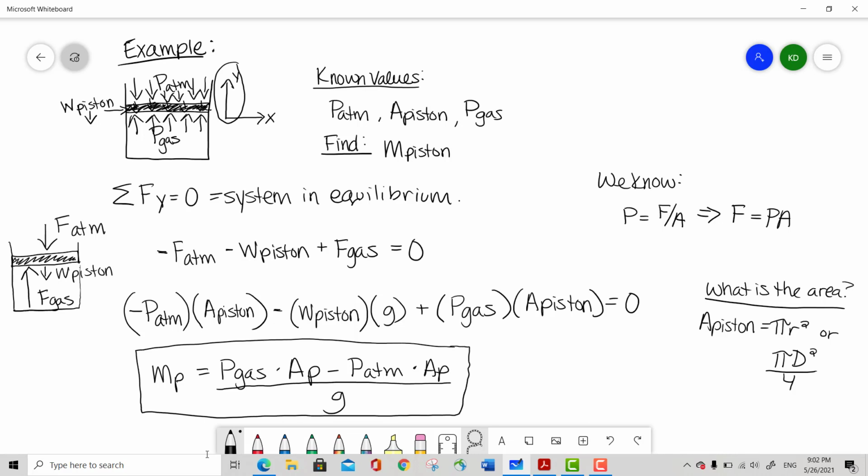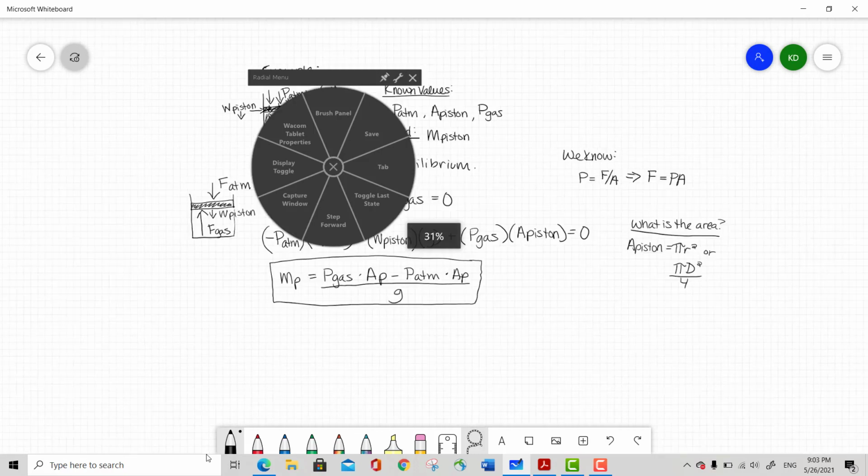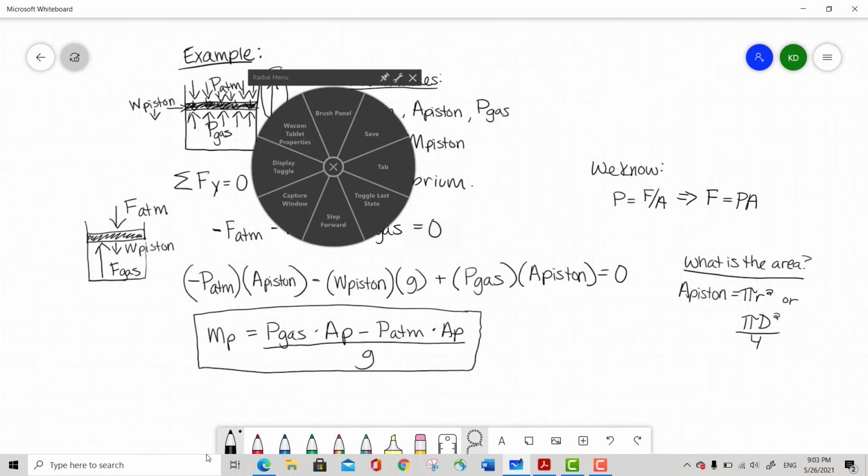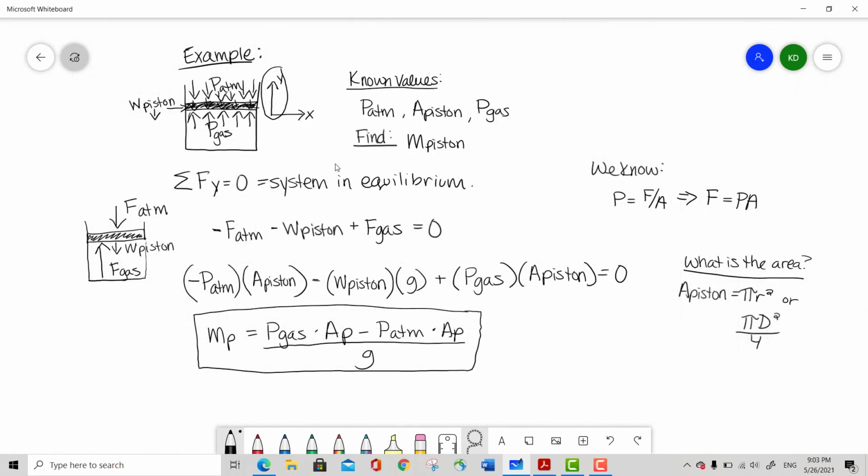Because it says right here that we know the values of the atmospheric pressure, the area of the piston, which we can find whether it's given as the diameter or the radius, and then the pressure for the gas. And then from that, we can just plug into here and get all of the masses.